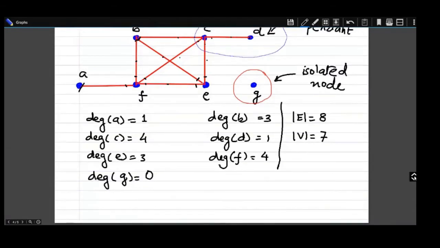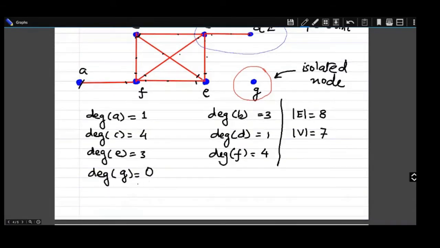Now, if we sum all the degrees of vertices, so what will be the summation? Let us do it. 1 plus 4, 5, 5 plus 3, 8, 8 plus 3 is how much? 11, 11 plus 1, 12, 12 plus 4, 16.